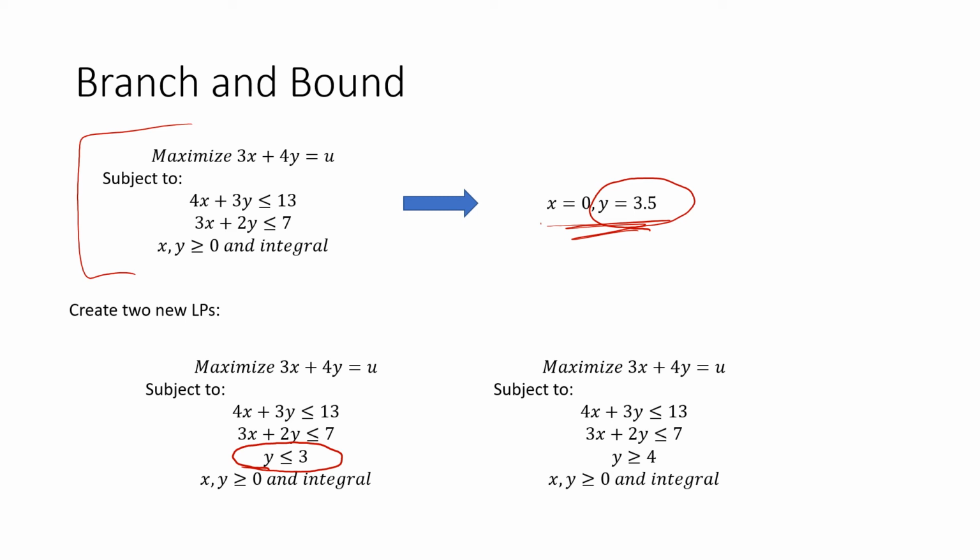And we're going to create another one, where y is greater than or equal to 4, and we're going to solve both of these. And we're going to see if we come up with integer solutions. So what we've done is we have noticed our linear program relaxation has a non-integer solution, and we've created two new problems that eliminate that solution. So it forces you to find a new solution, and then you see if it's an integer or not.